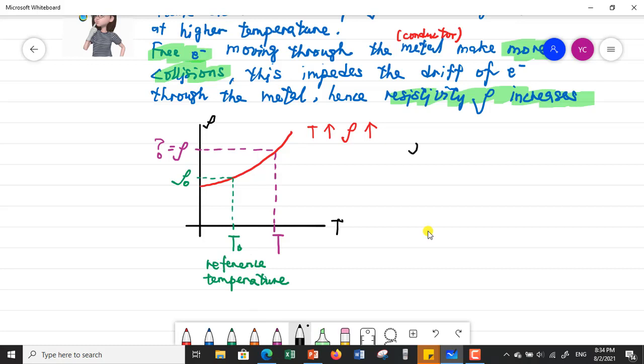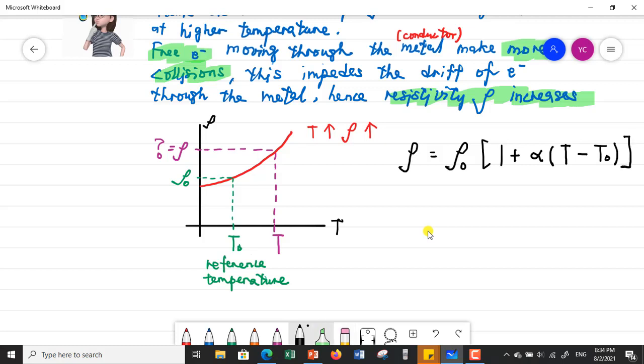The resistivity at temperature T is given by the resistivity at reference temperature, rho naught, in bracket 1 plus alpha, T final, the final temperature, minus the reference temperature T naught.